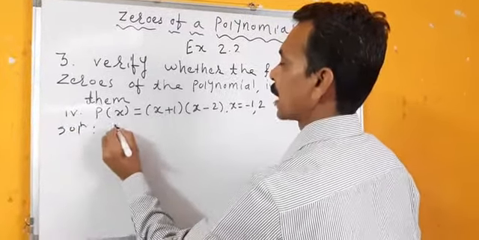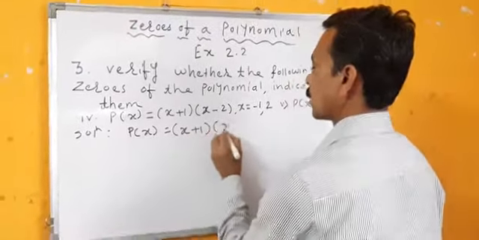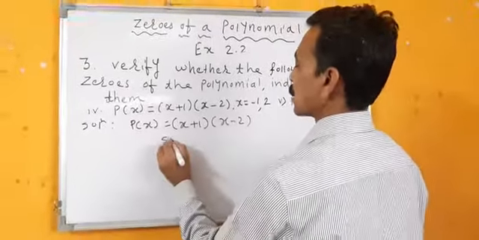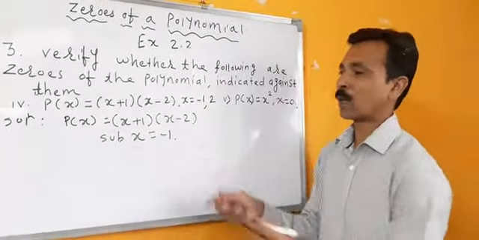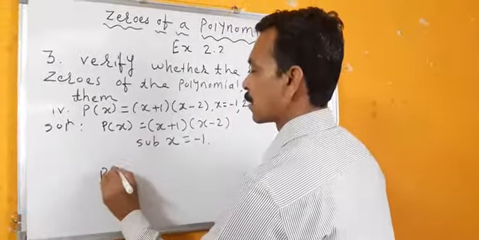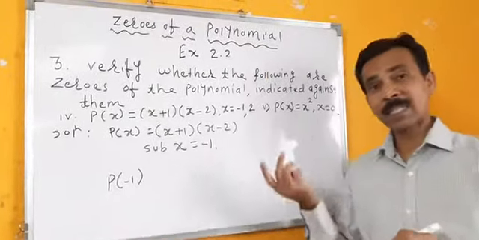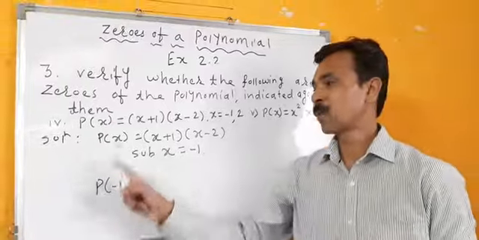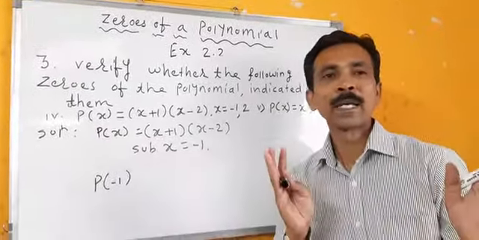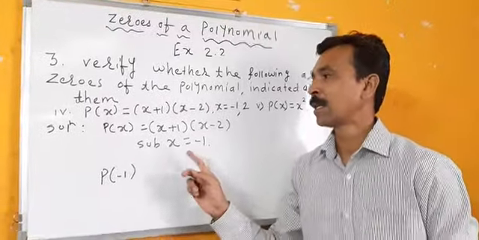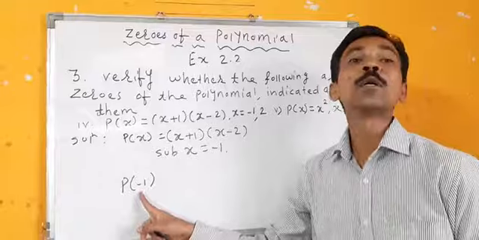In the solution, again I will write this question, p of x is equal to x plus 1 into x minus 2. Substitute x is equal to minus 1. So p of x becomes p of minus 1. In the previous 3 sums I have not written the value of x here, just to make you understand. But keep in mind, whatever value is given of x, you have to place it in the bracket.